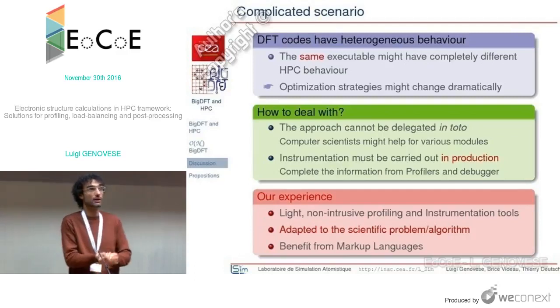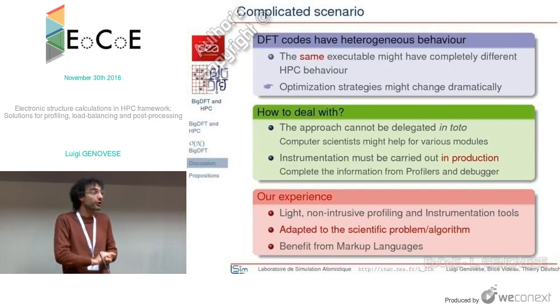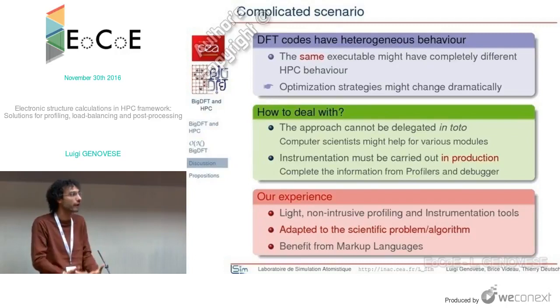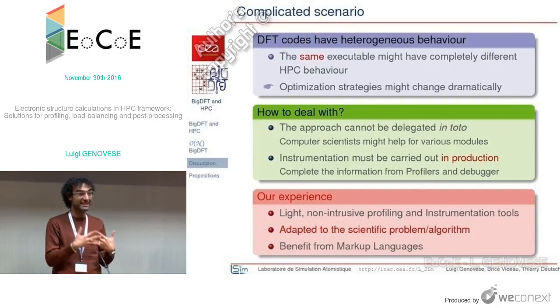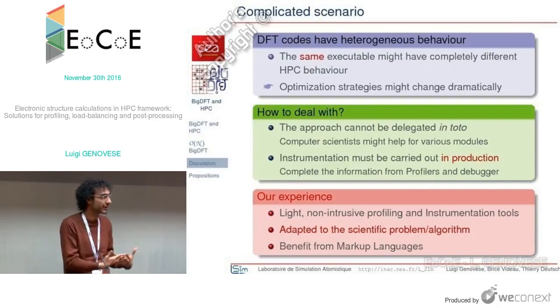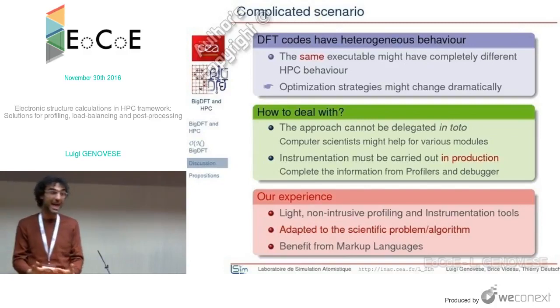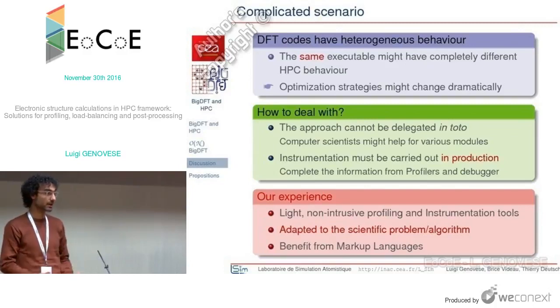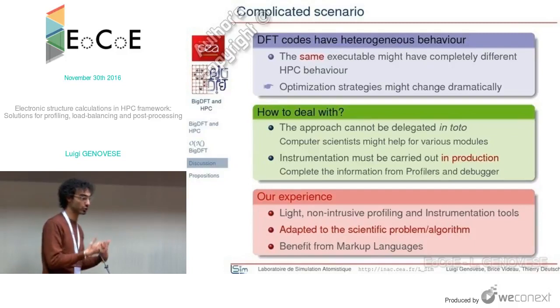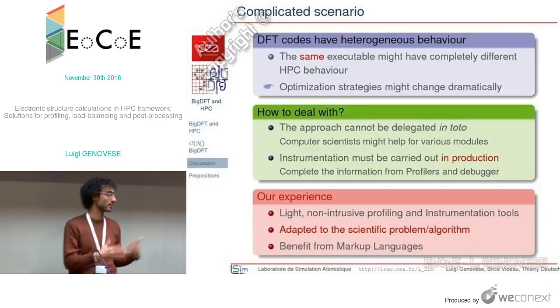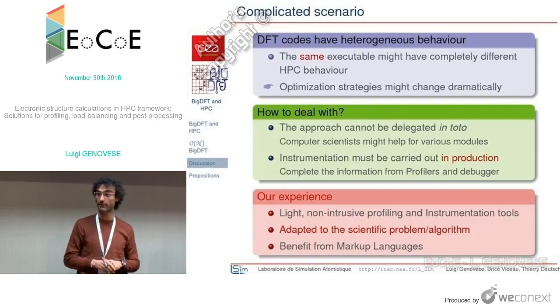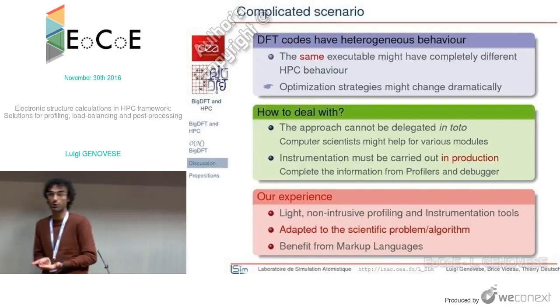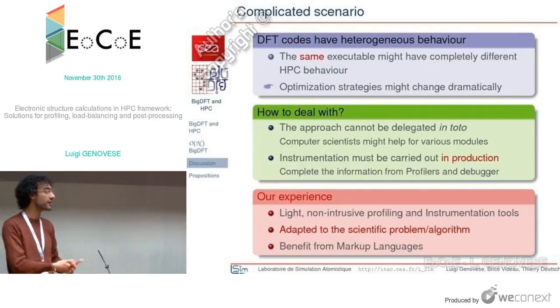You can't reuse the optimization strategy from before. Therefore, you can't simply delegate the optimization to someone who is not aware of the algorithmic complexity which lies below your code. So the practical consideration is that the instrumentation of your code has to be carried out in production. You really have to invest in putting in practical terms the fact that you profile your code each time you run it. Of course, your profiling should not deeply interfere with your execution.